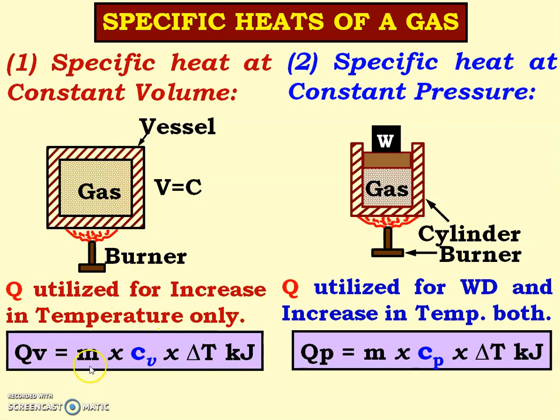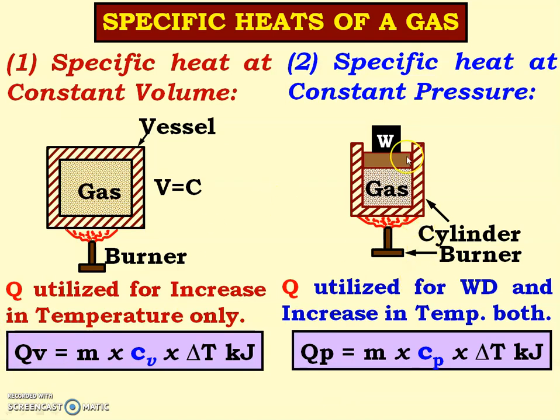So Qv equals M into Cv into delta T. Clear? Now we know that as per the definition of specific heat, mass is 1 kilogram and delta T is 1 degree. So for increasing the temperature of the gas, which Q is more, Qp or Qv? We want to increase the temperature of the gas by 1 degree only.